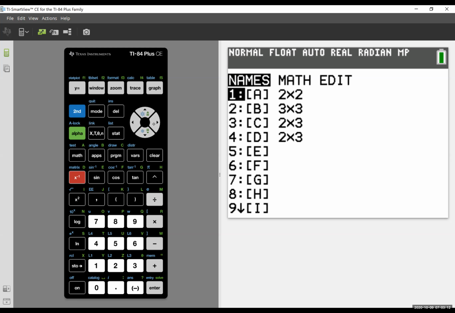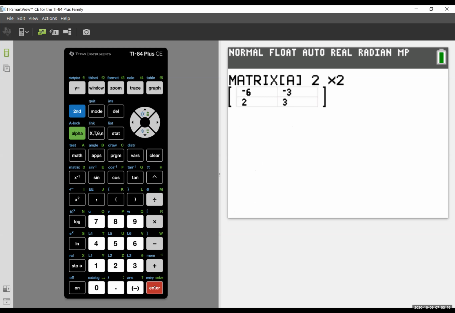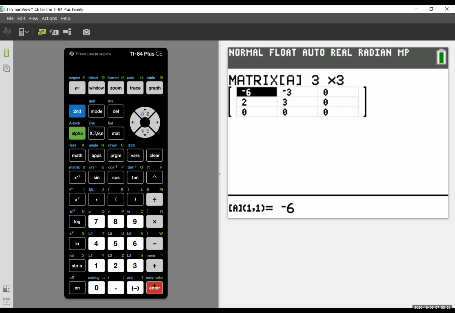We are going to scroll over to the edit menu. I'm going to edit A, because that's the one that always comes up first anyways, into a 3x3 determinant. So, determinant of coefficients. Be really careful as you're recopying the signs as you're editing.